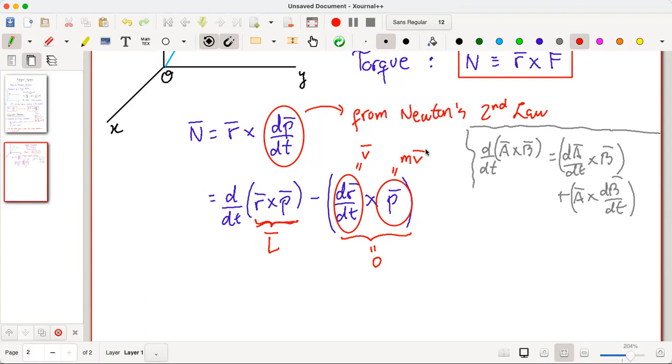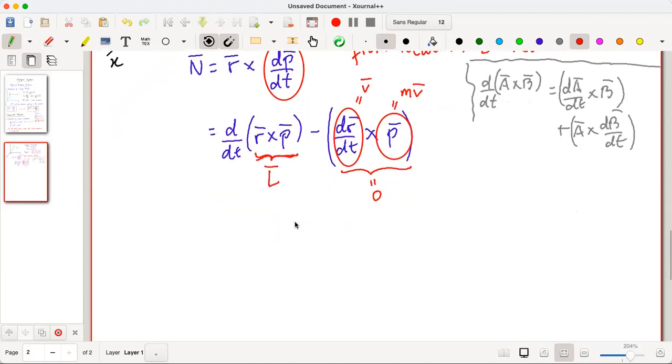And we know that any vector cross product with itself is always 0. So this term is always 0. Basically, the torque is just the rate of change of angular momentum per unit time.